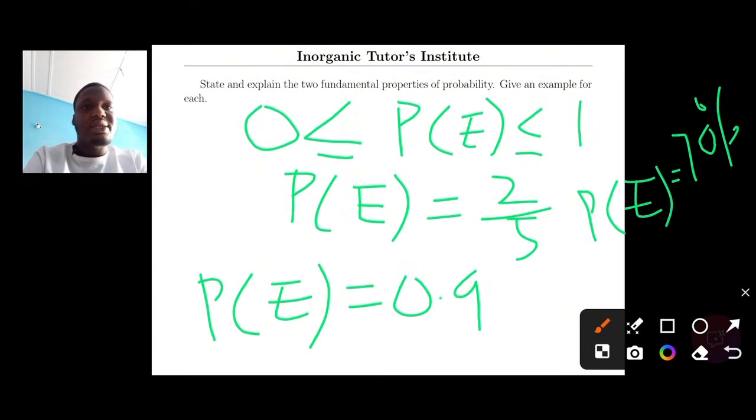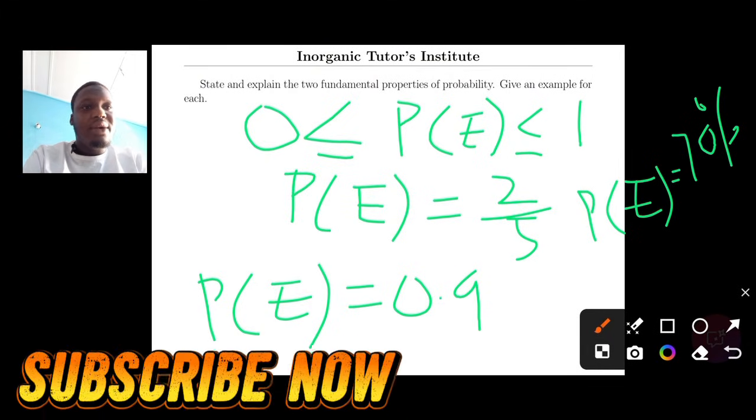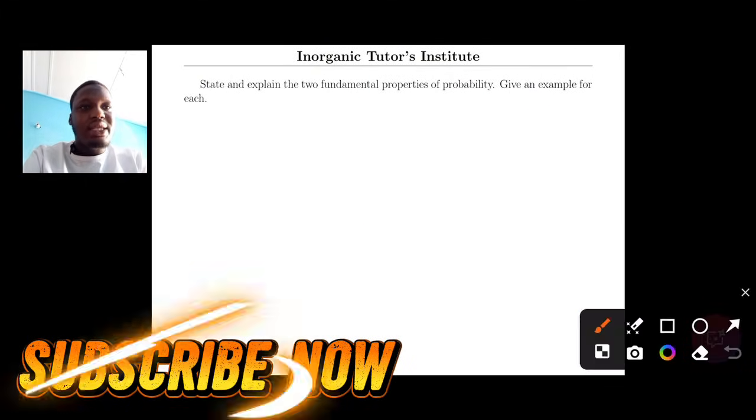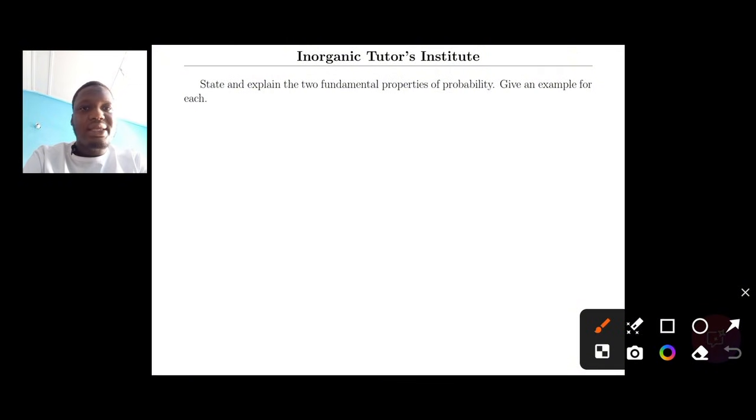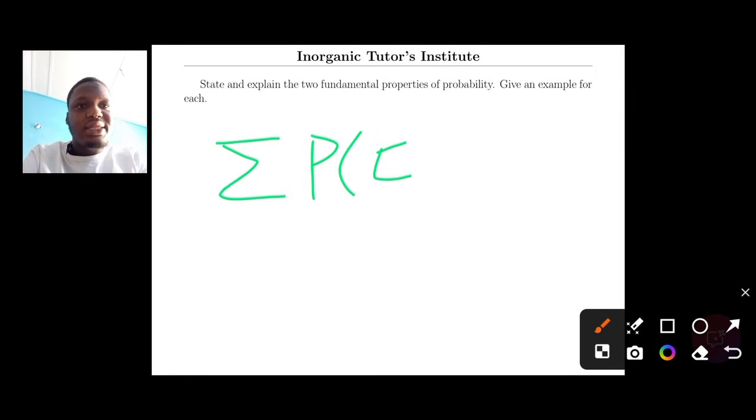Yes, these are all ways to write probability, and these values are all within 0 and 1. Okay, now let's see what the second property is. It states that when you sum the probabilities for all the events, you should get 1.